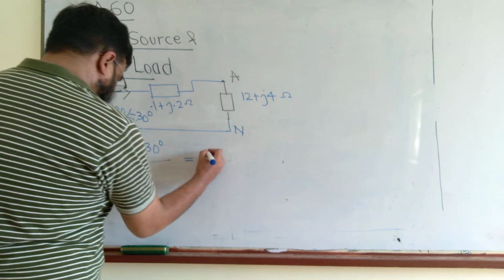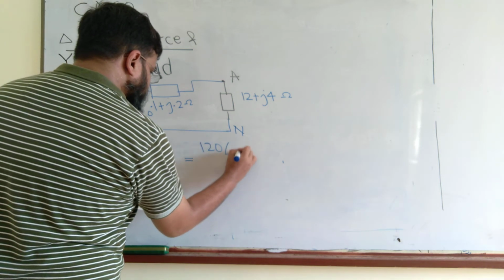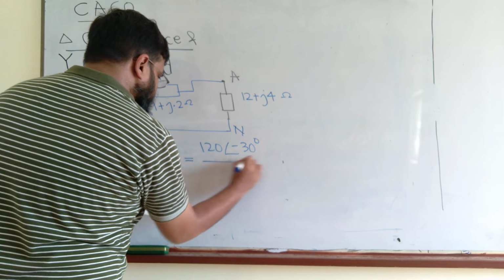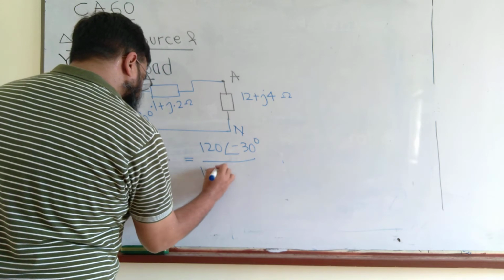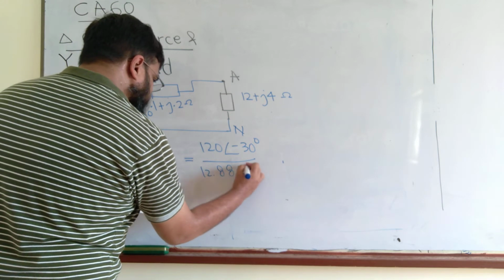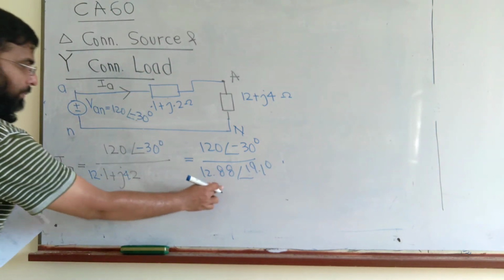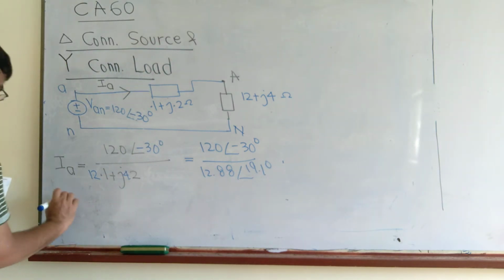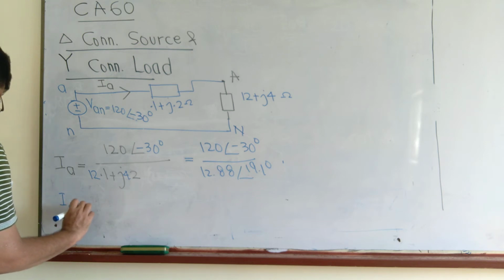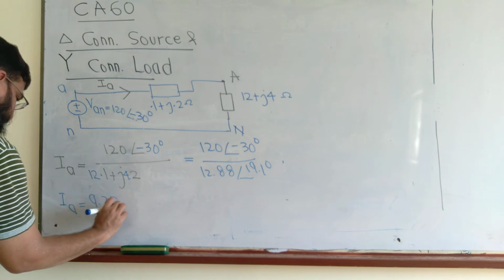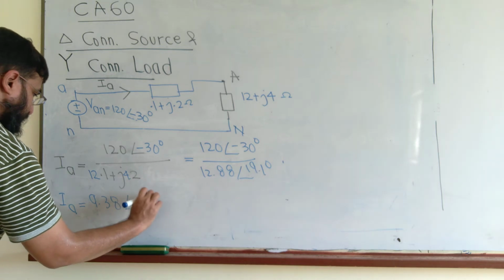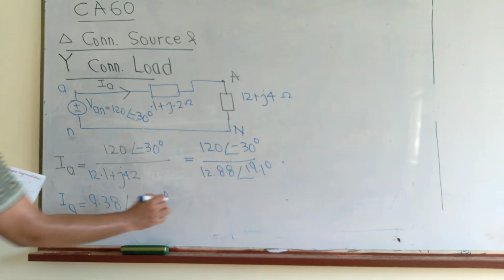So when we solve, it becomes 120 at an angle of minus 30 over 12.88 at an angle of 19.1, the number converted into its polar form. This gives us IA equal to 9.38 at an angle of minus 49.1 degrees.